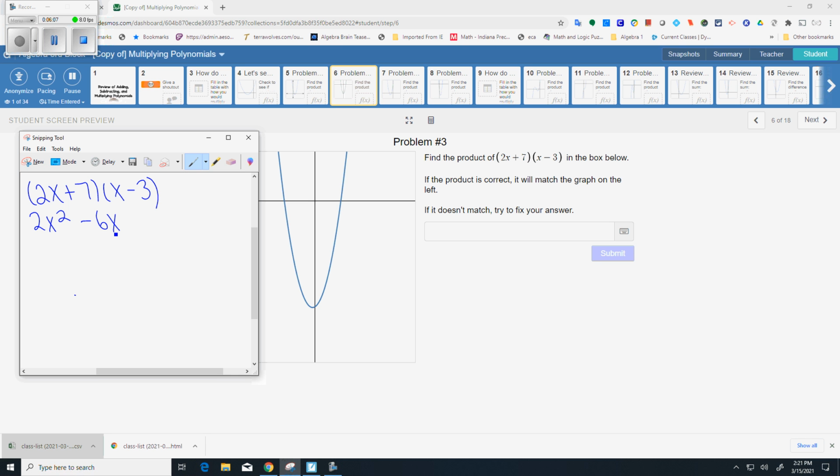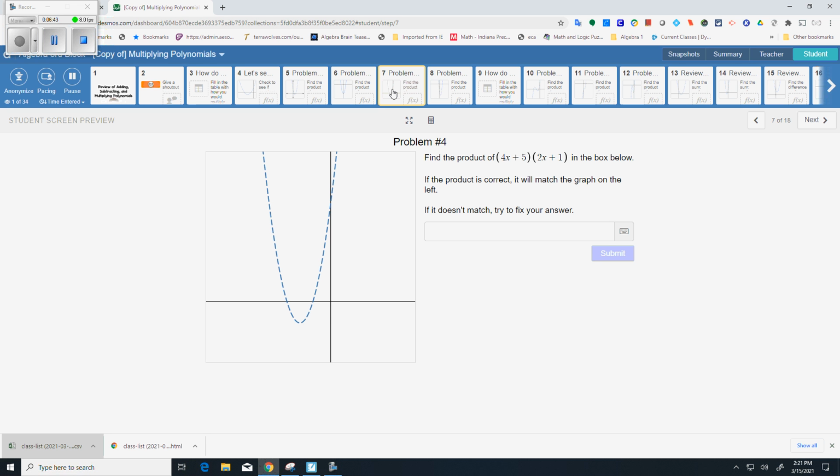And then 7 times x is positive 7x. And then 7 times negative 3 is negative 21. And then we would combine our like terms, and our solution would be 2x squared plus x minus 21. Just go on to the next one.